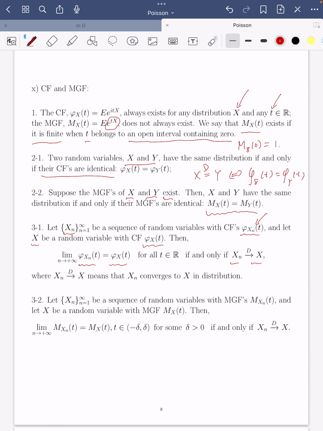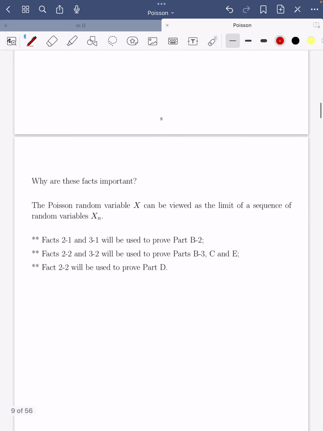And similarly, suppose that xn has a moment generating function. If the moment generating function of xn converges to the moment generating function of x in a neighborhood of 0, that is, for t belonging to (negative delta, delta) for some positive delta value, then xn will converge to x in distribution, and vice versa.